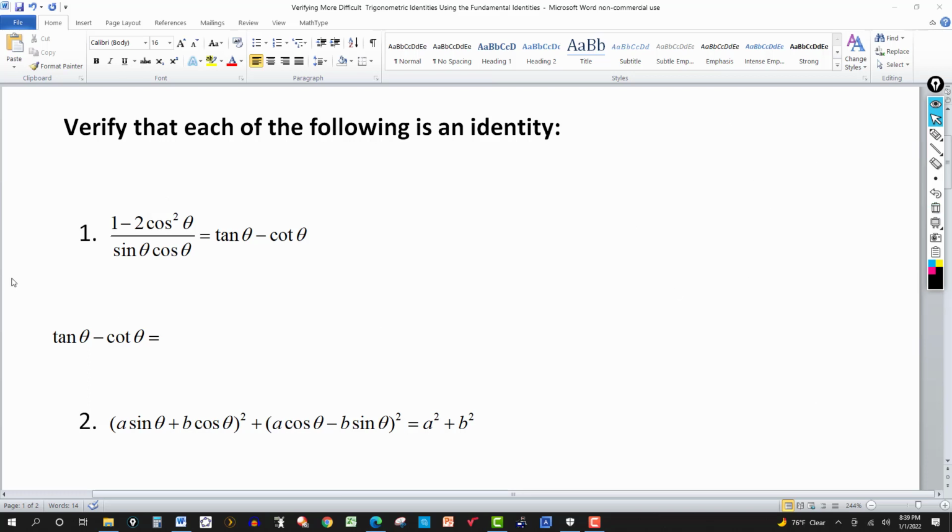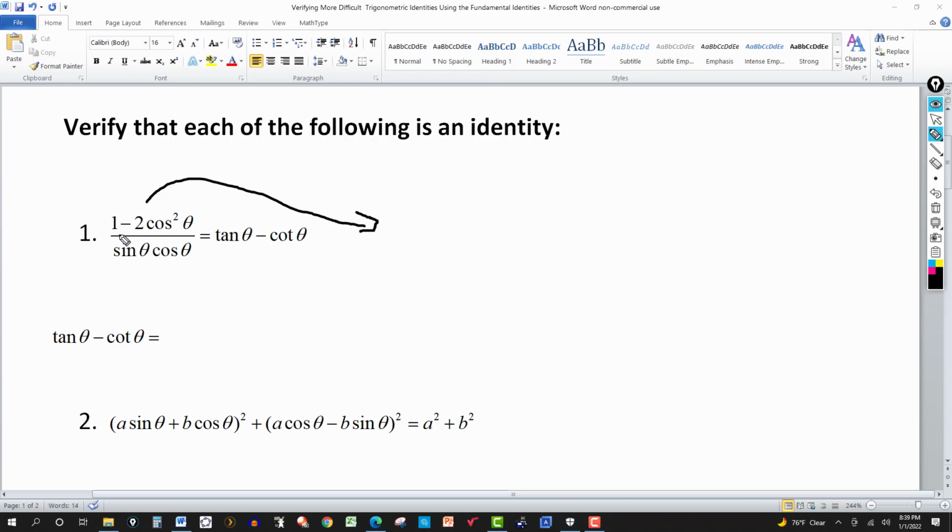But notice on this one here, let's say I started with the left side. Okay, I used the right side to verify the identity. If I start with the left side, how can I get this?